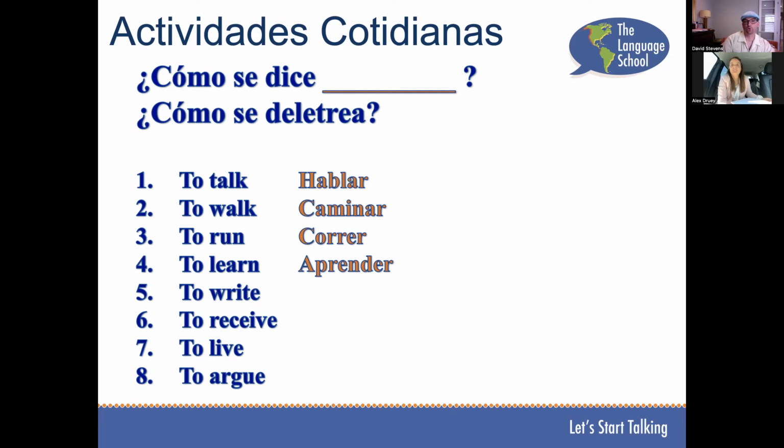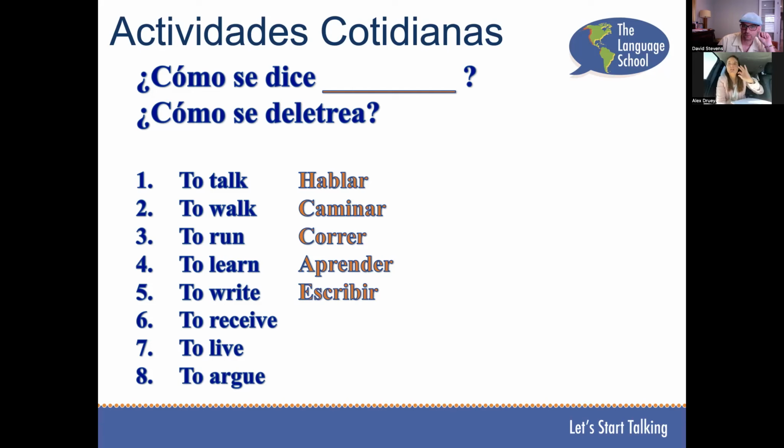¿Cómo se dice to write? Describir. Describir would be to describe. It's very close. Escribir. ¿Cómo se deletrea? Escribir. E. S. C. R. I. B. I. R. ¿Y cómo se dice to receive?